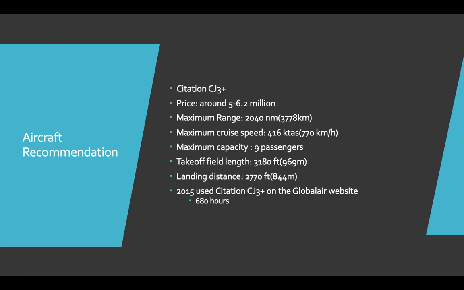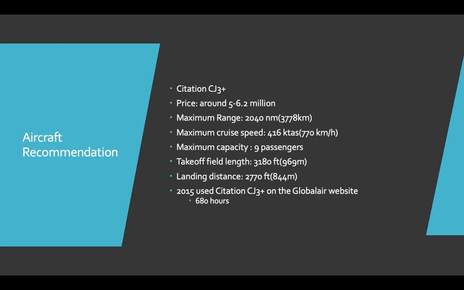I think the best option for the company is to purchase a used Citation CJ3 Plus. The price of a used aircraft in good condition is around 5 to 6.2 million, and there are many options in the market.